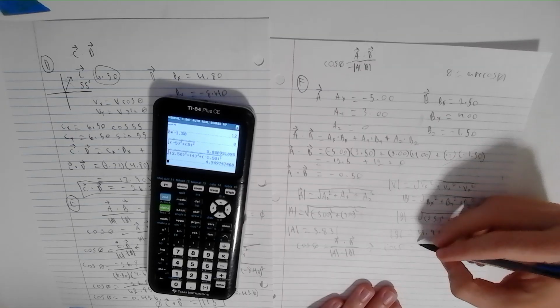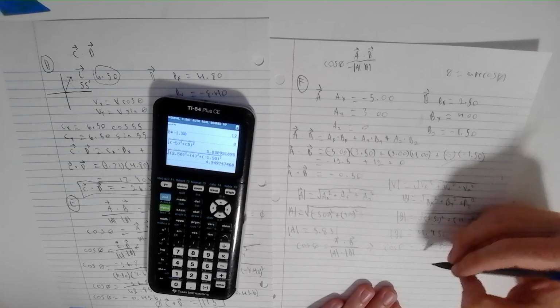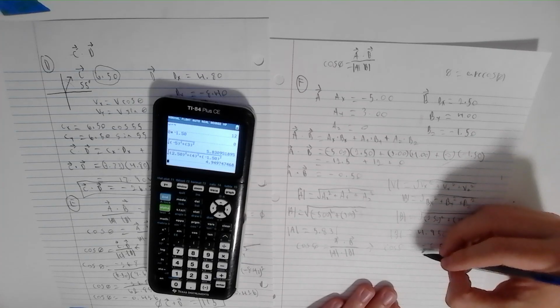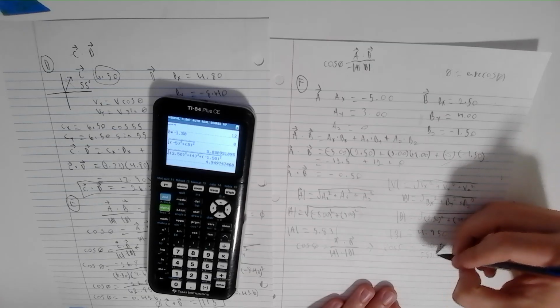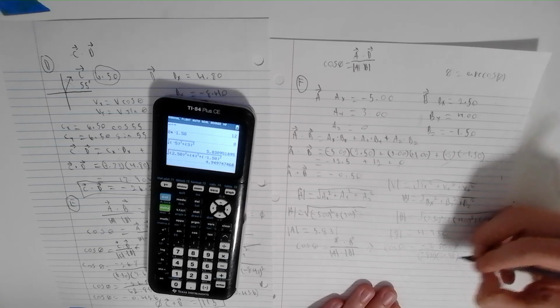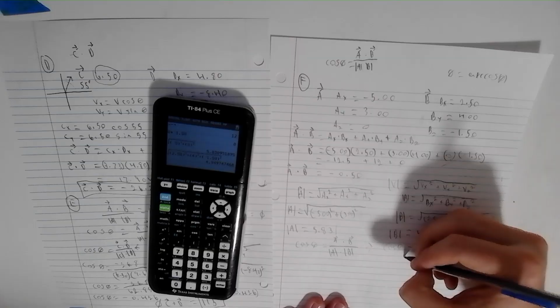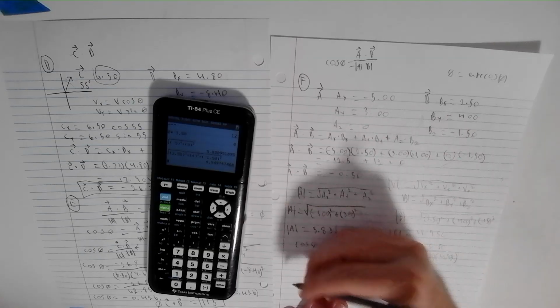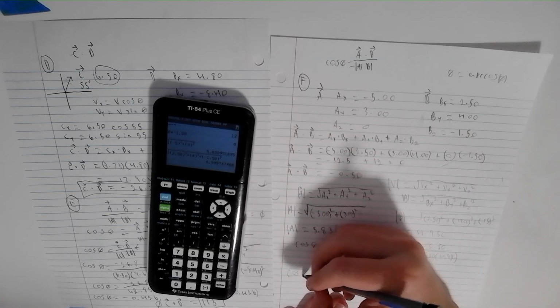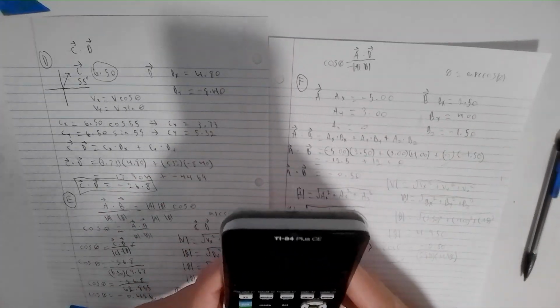Negative 0.50 divided by 5.831 times 4.950. So go back over here. Cosine theta equals, just plug that in.